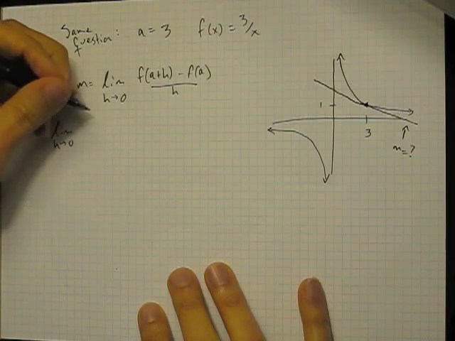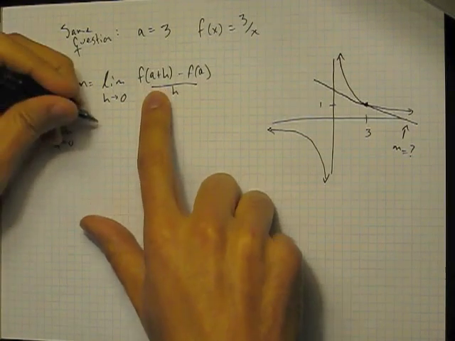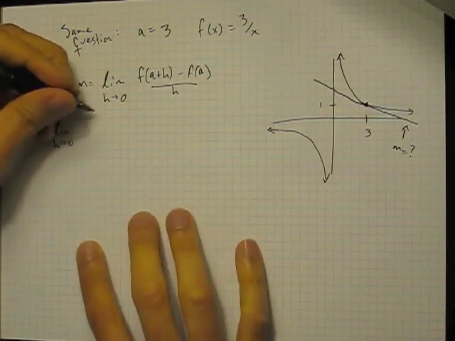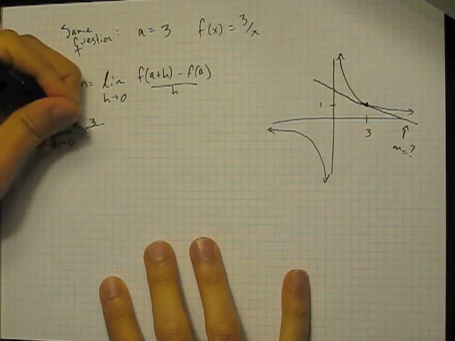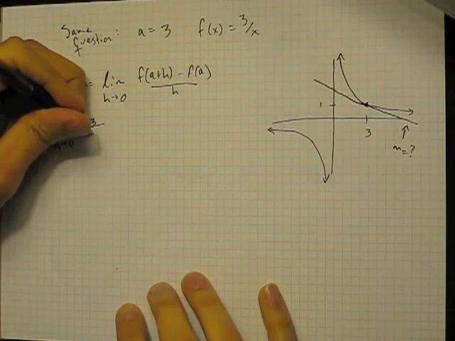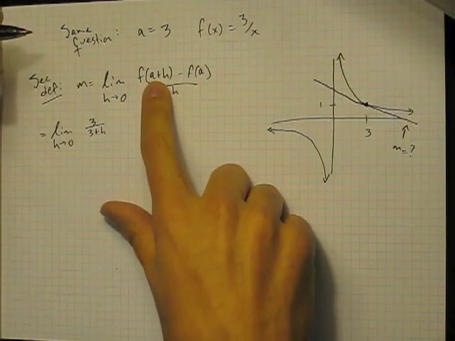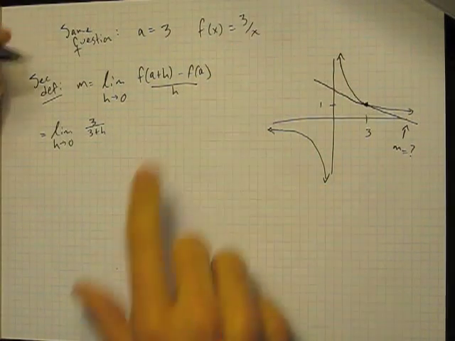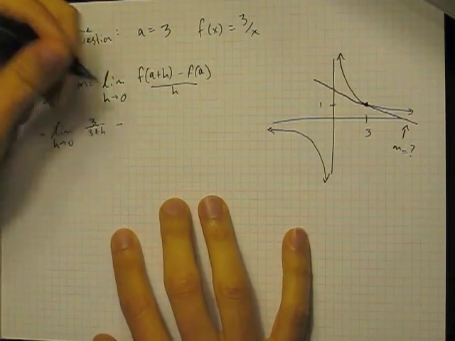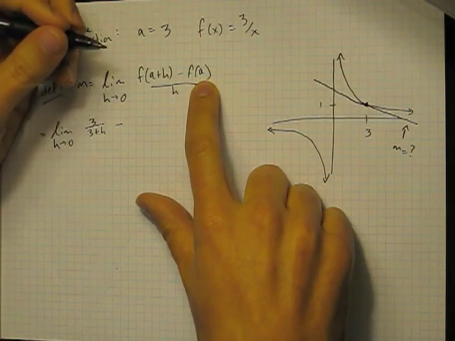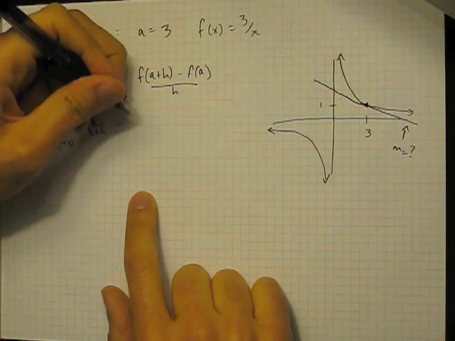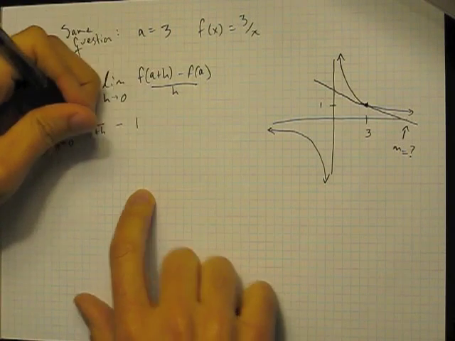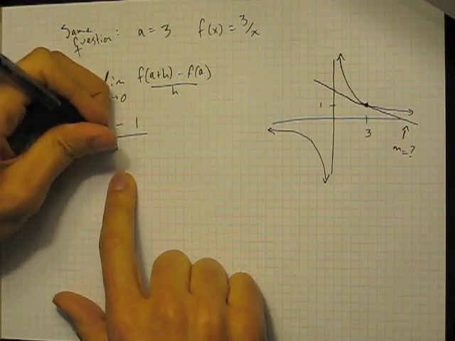So we're taking f of a plus h, so that is f of 3 plus h. So that is 3 over 3 plus h. That's what you get when you plug a plus h into the function f, minus what you get when you plug in 3 into this. So you'll get 1 in that case. And then all of this over h.